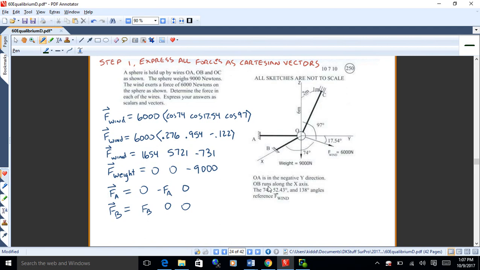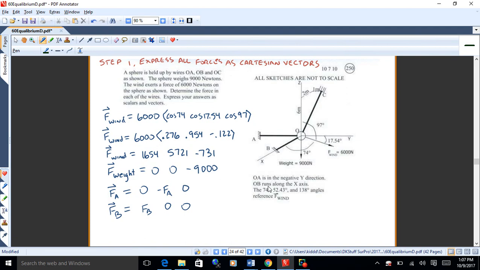All right, now if we're good, the other three are the weight, FA and FB, and they're all pretty straightforward. The weight acts down in the negative z. FA is shown there in the negative y direction. That's called out in the notes down below the sketch. And then FB goes right along the x-axis.